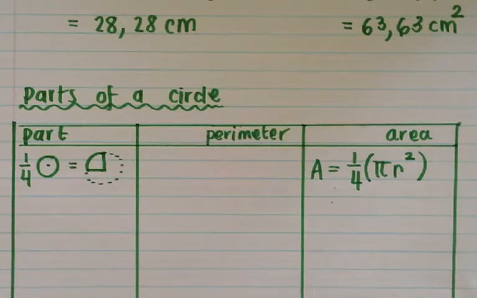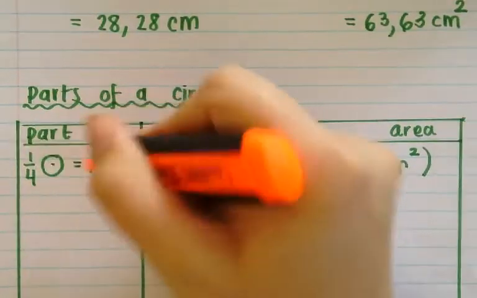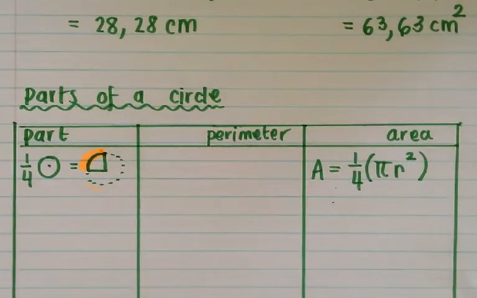But is the perimeter that easy? Can I just take a quarter of my original perimeter? So if I take my full perimeter, the full circumference, and I only take a quarter, it is only that portion, right? But is that the only thing that I have there?